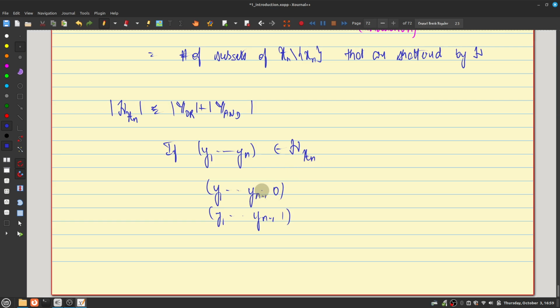Then y1 through yn minus 1 belongs to y or, and y1 through yn minus 1 belongs to y and, so you're counting exactly two elements. If only one of these two belongs to hxn, then y1 through yn minus 1 belongs to y or, but will not belong to y and, so you're counting it exactly once. So this is in fact an equality.